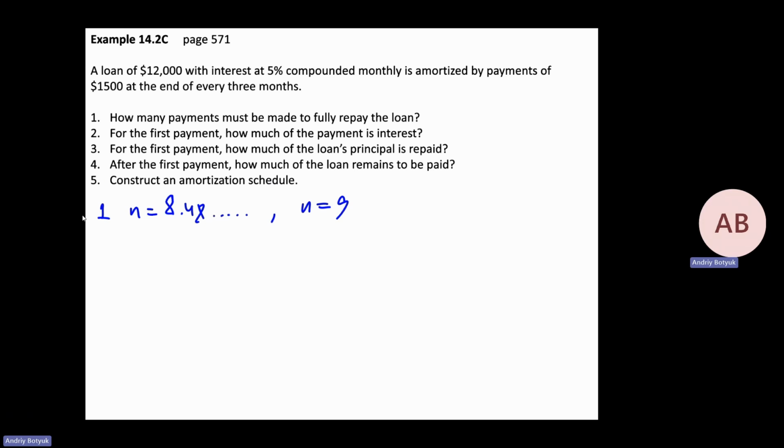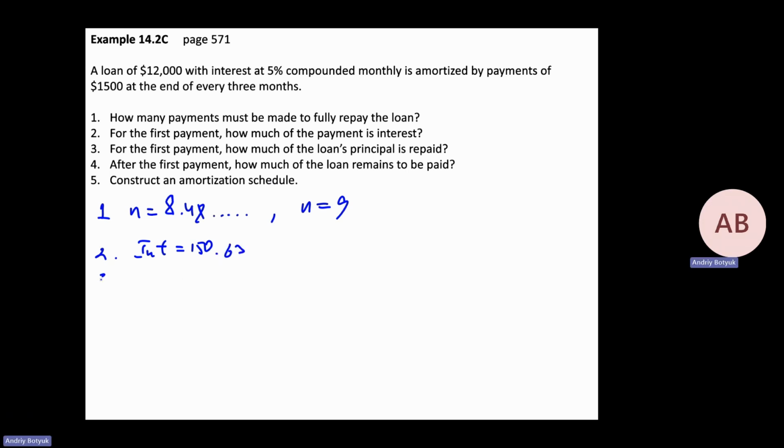Okay. So for the first payment, how much of the payment is interest? Well, again, anything you like, you can go to the amortization table and calculate that. Interest is 150.63, right?